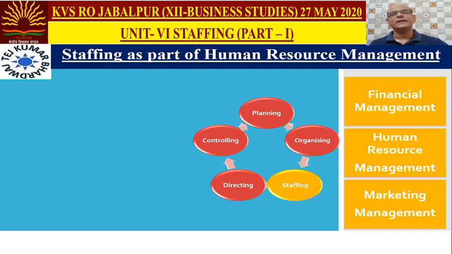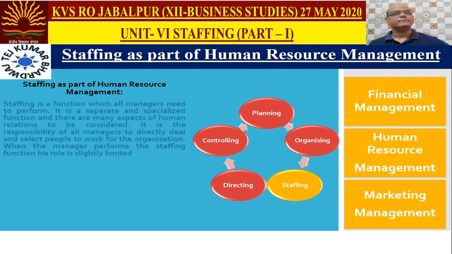In the same way, when we are a large organization and we have dedicated one department for staffing only, then it is called as human resource management. So human resource management is a wide term where staffing is not merely one function of the management process, rather it is being done at a specialized level. Okay, so this is the interrelationship between staffing and human resource management.